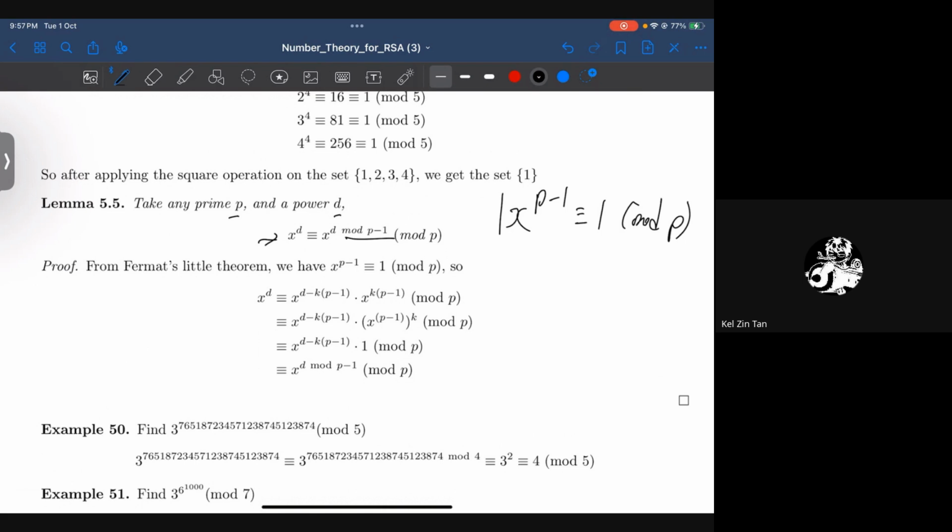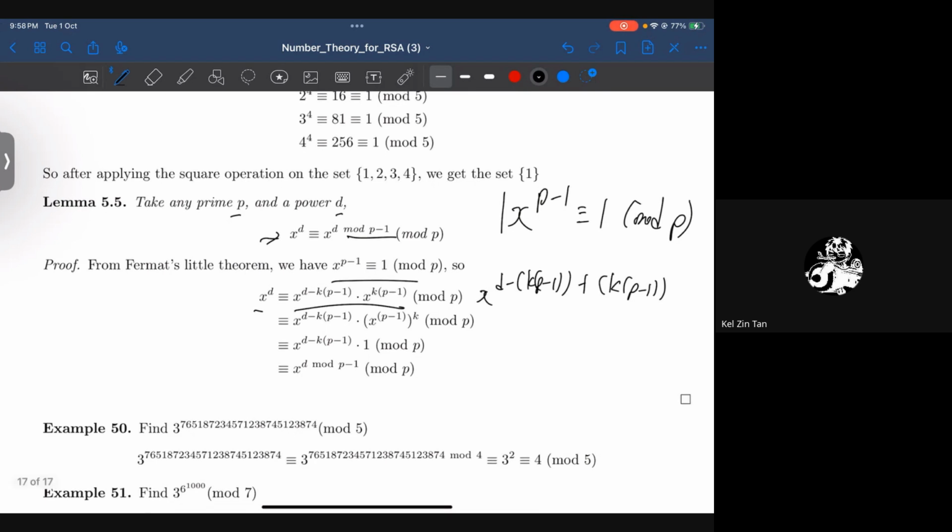So why is this true? For Fermat's Little theorem, we have this case, right? And then x to the d, we can rewrite it like this: x to the power of d minus k(p minus 1) plus k(p minus 1). I just add and subtract the same thing, okay? And then I pull the positive part out.